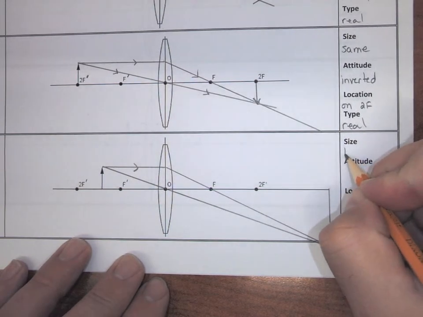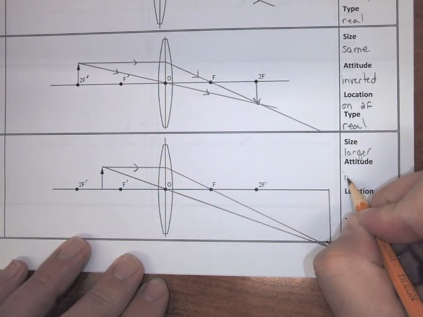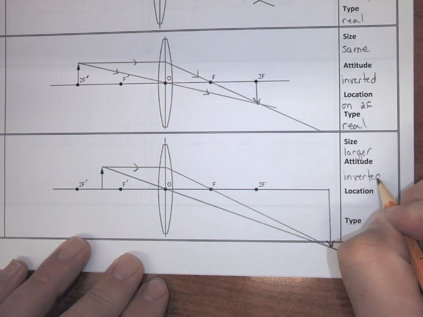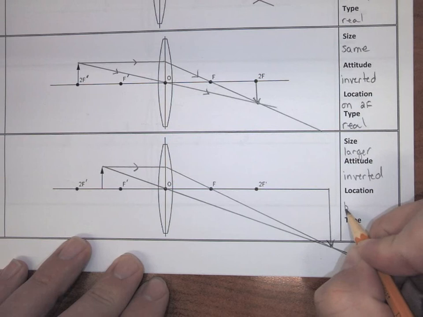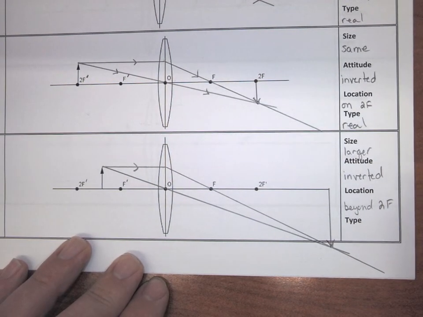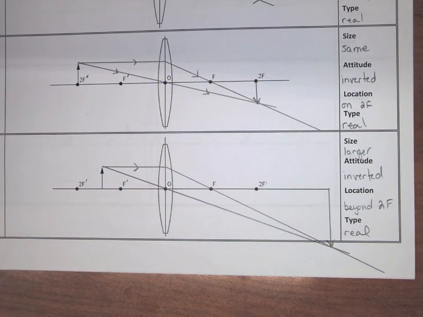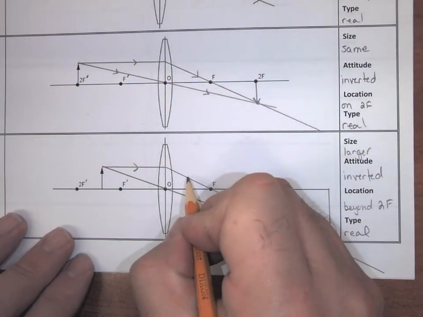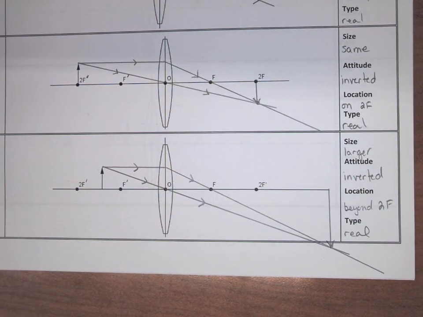Our image is much larger. The attitude is inverted. The location is beyond 2F, and the type is real because it is the refracted rays that are converging.